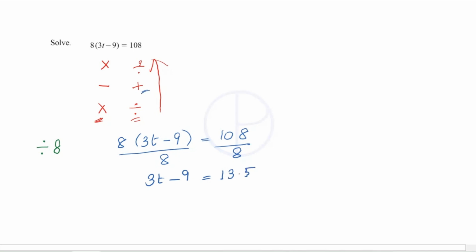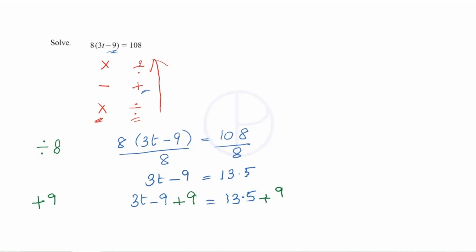Here 9 is subtracted, so we need to add 9. Add 9 on both sides, so we get 3t minus 9 plus 9 equal to 13.5 plus 9.